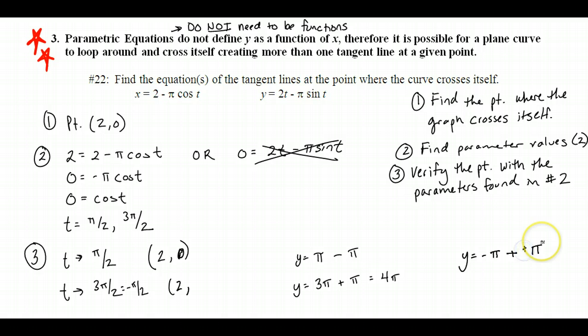Then negative pi minus a negative pi will end up giving me 0. That's kind of tricky in that sense. And again, you might have to adjust that because we know that 3 pi over 2 is equivalent to negative pi over 2.